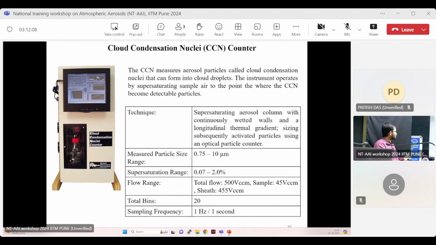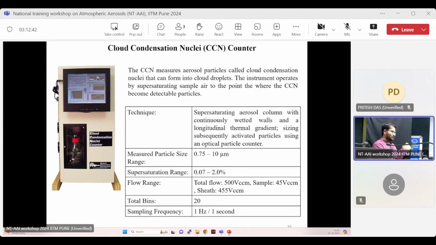Okay. What it basically does is create a supersaturation environment, which is also user defined, by setting up different temperature gradients. There are 3 temperature gradient points vertically. Based on that, you are creating a supersaturation environment inside an instrument or a column, and you are trying to make all the aerosol particles present in the atmosphere grow.